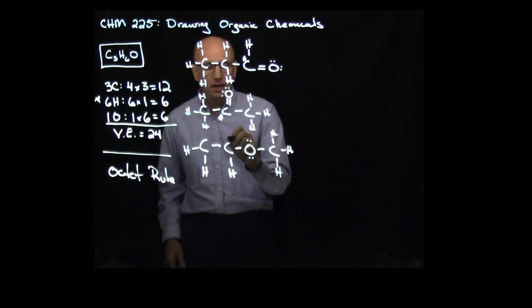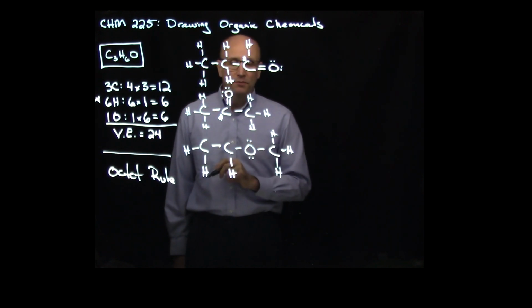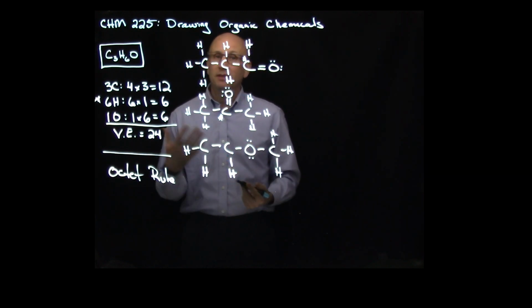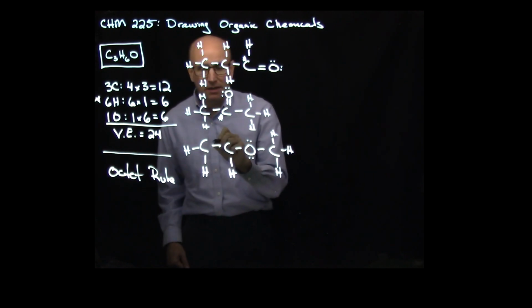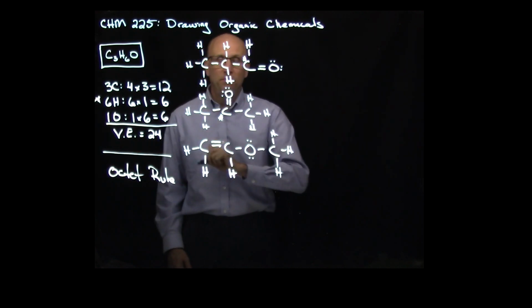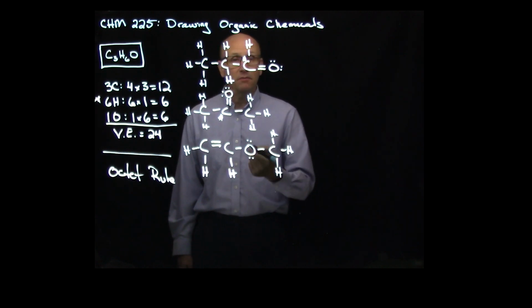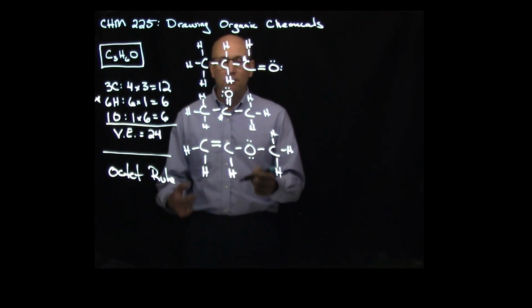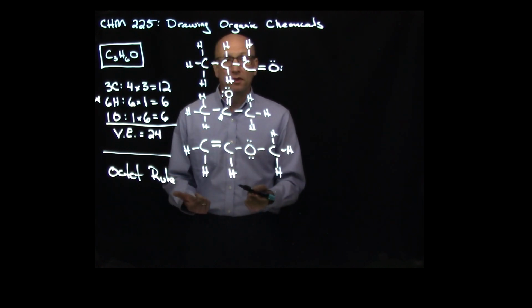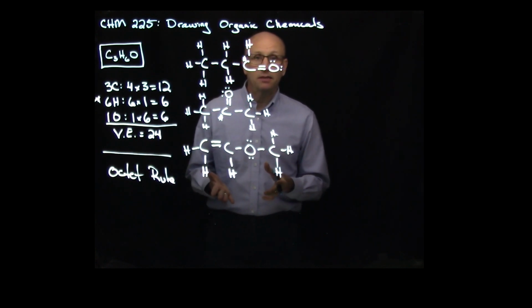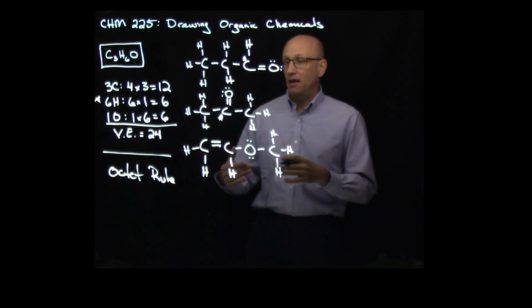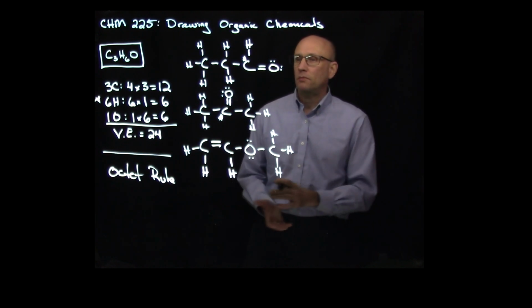I could just go ahead and put 2 of those electrons on one of the carbons, but then the other carbon is still going to have an incomplete octet. What I know by this is I'm going to add that as a pi bond, second bond of that double bond, and make octets around both of those carbons. All of the atoms have complete octets now, and they all have a 0 formal charge.